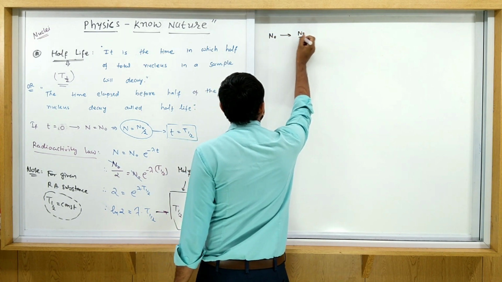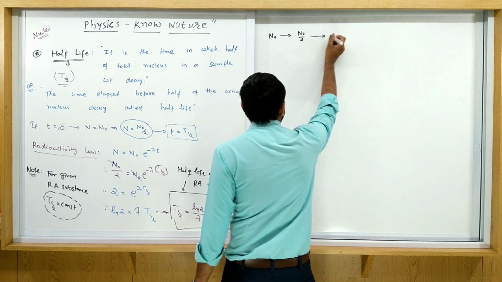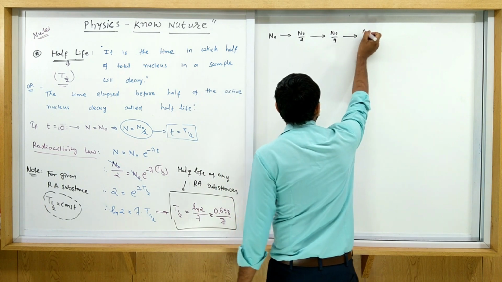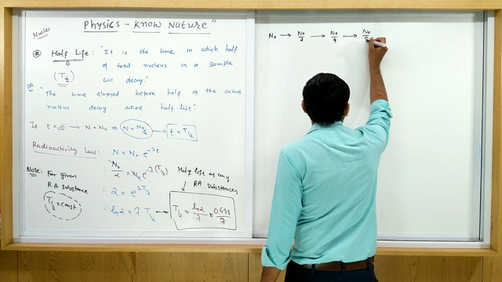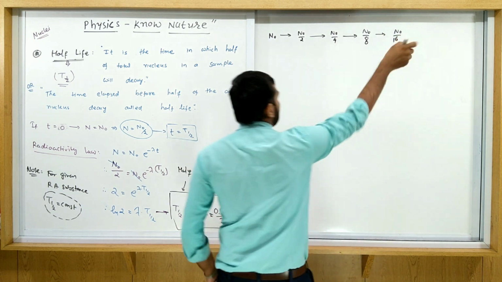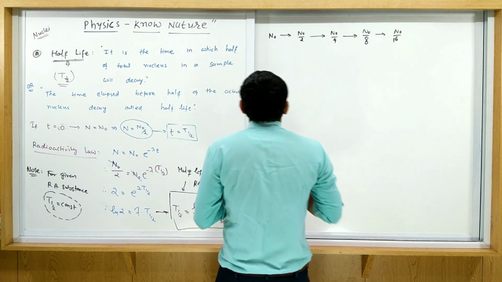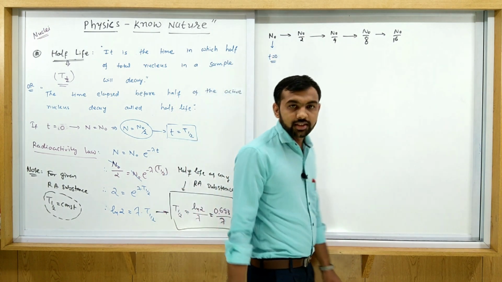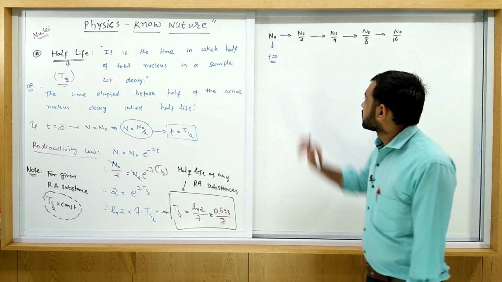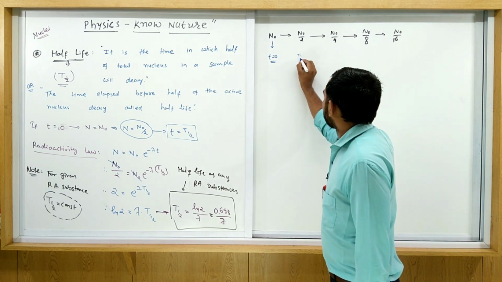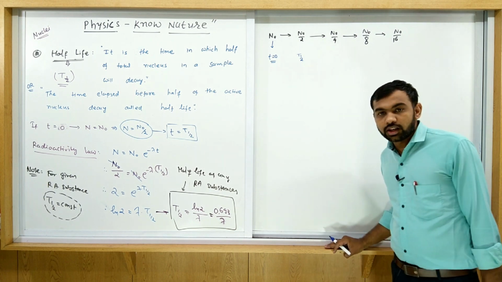It becomes N0 by 2, half of this; then N0 by 4, then N0 by 8, then N0 by 16, each time half. At time equal to 0 we have N0. The first time it becomes half, this is called 1 half life.